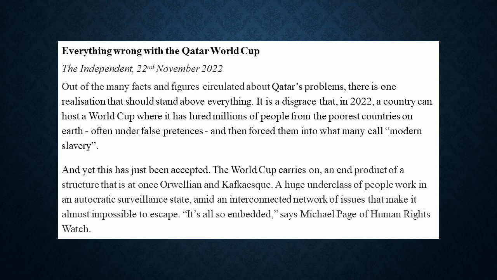And yet this has just been accepted. The World Cup carries on, an end product of a structure that is at once Orwellian and Kafkaesque. A huge underclass of people work in an autocratic surveillance state amid an interconnected network of issues that make it almost impossible to escape. It's all so embedded," says Michael Page of Human Rights Watch.